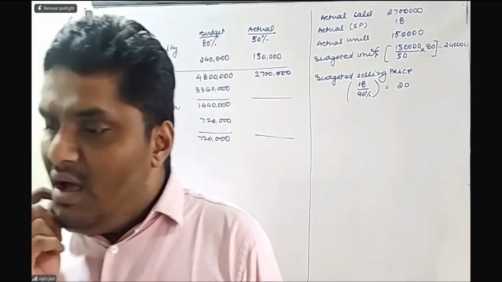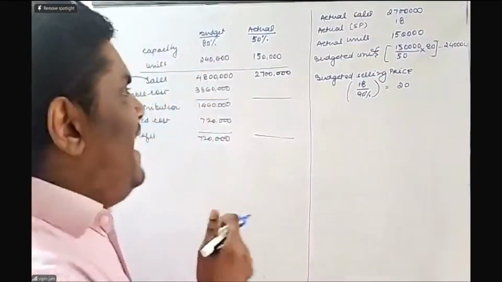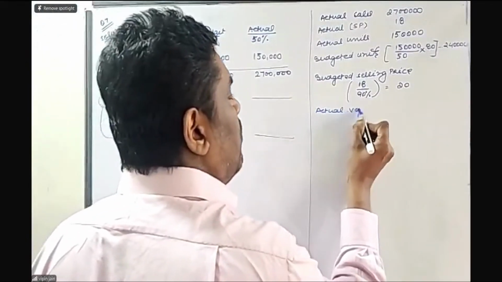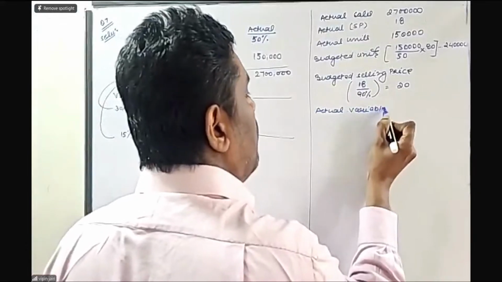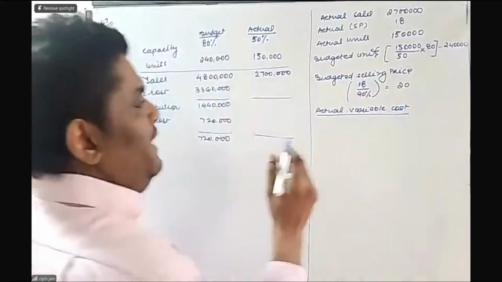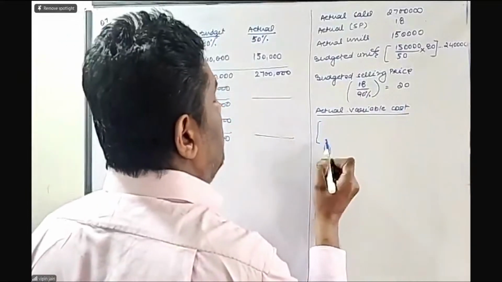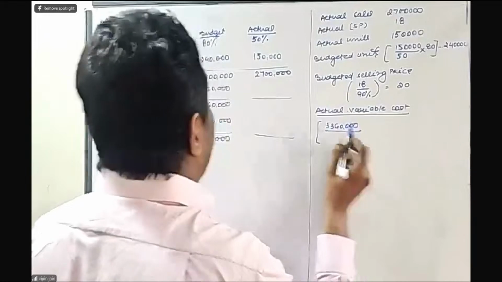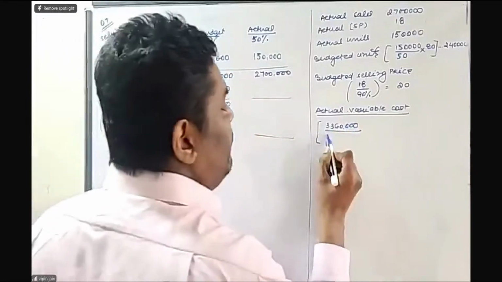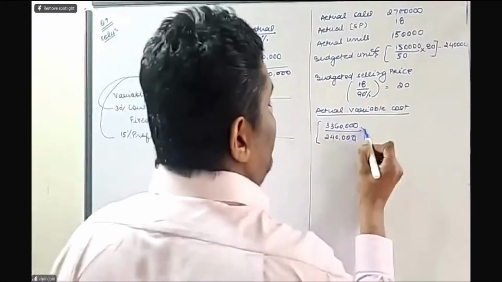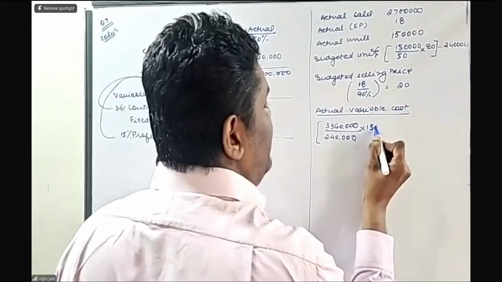Now, when talking about my actual variable cost, see, 33,60,000 is my variable cost for 2,40,000 units. So for 1,50,000 units, how much will be my variable cost?